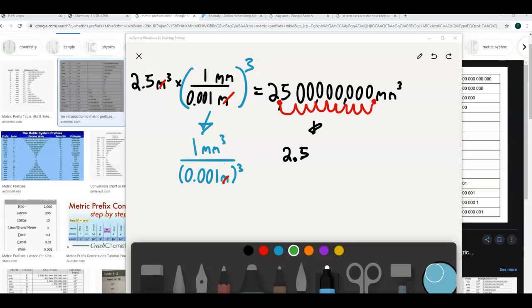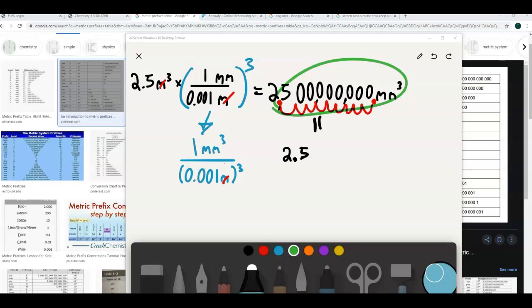But here's the thing. These numbers actually do need to equal each other, because the whole point of scientific notation is to ensure that this number up here equals this number down here. The only thing is you're just trying to express it in a simpler way.